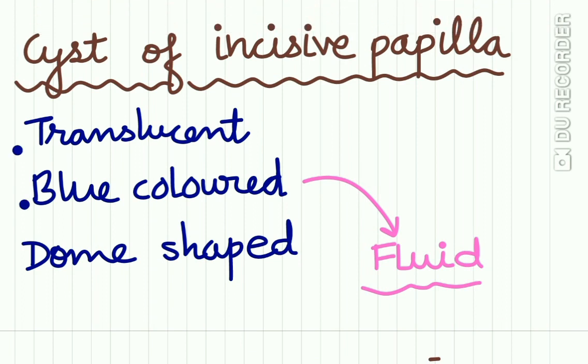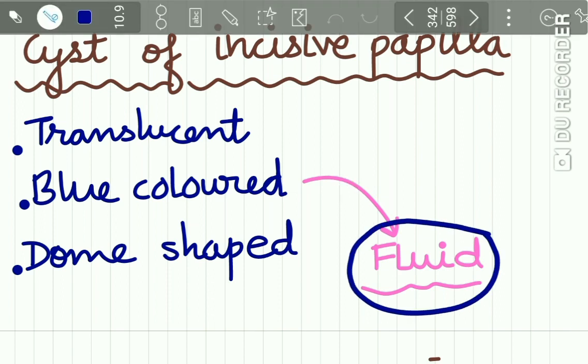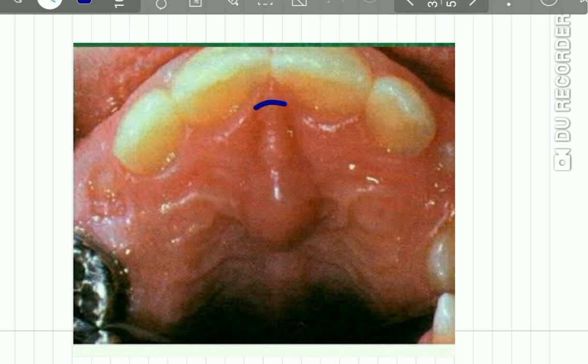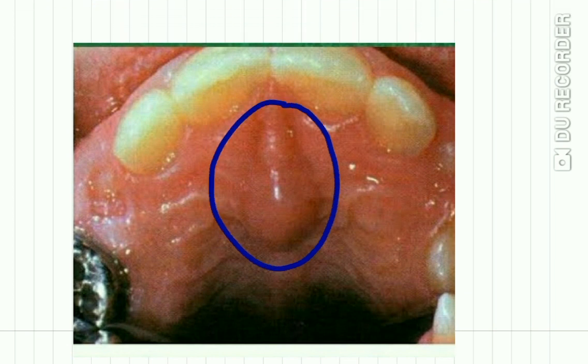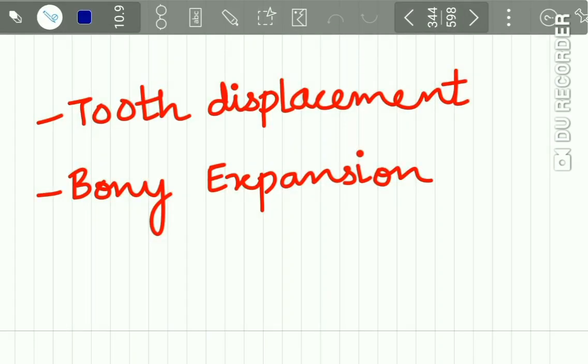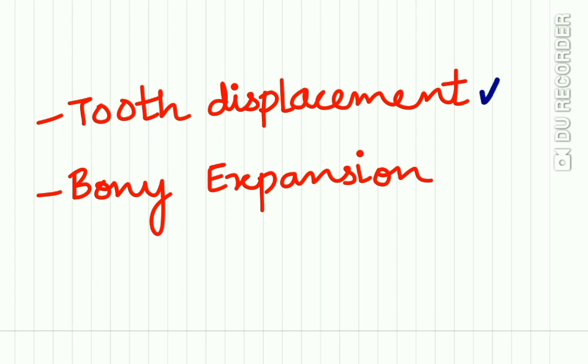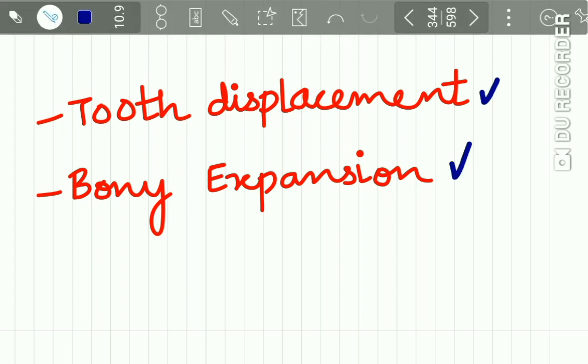They may be blue colored and dome shaped. The blue color of the incisive papilla cyst is due to accumulation of fluid inside it. Now here you can see the incisive papilla cyst, which is a soft tissue cyst present in the anterior maxillary region. The nasopalatine duct cyst may also cause tooth displacement and bony expansion.